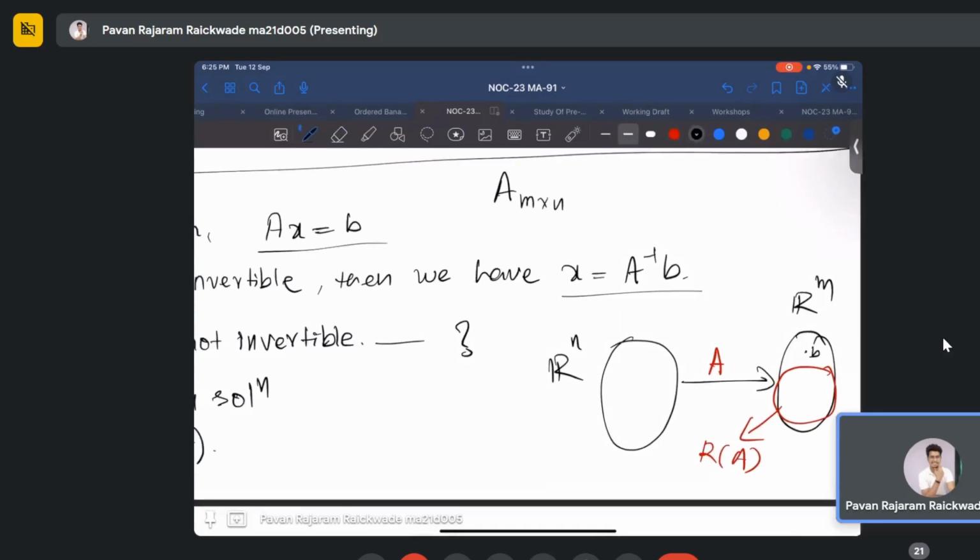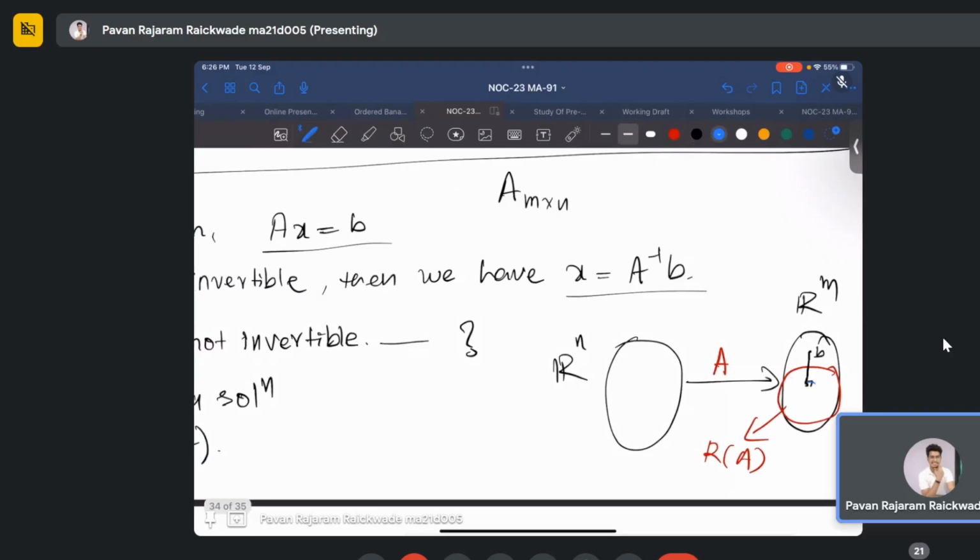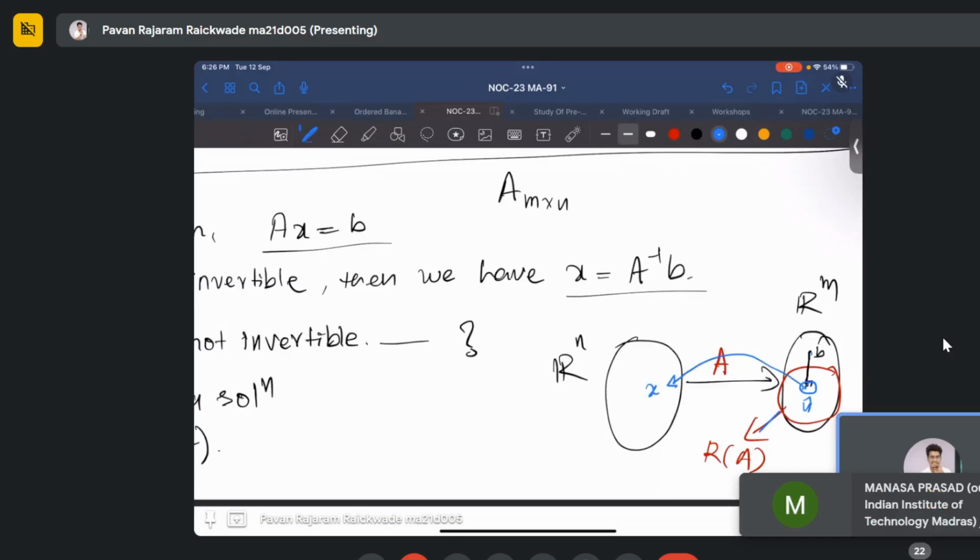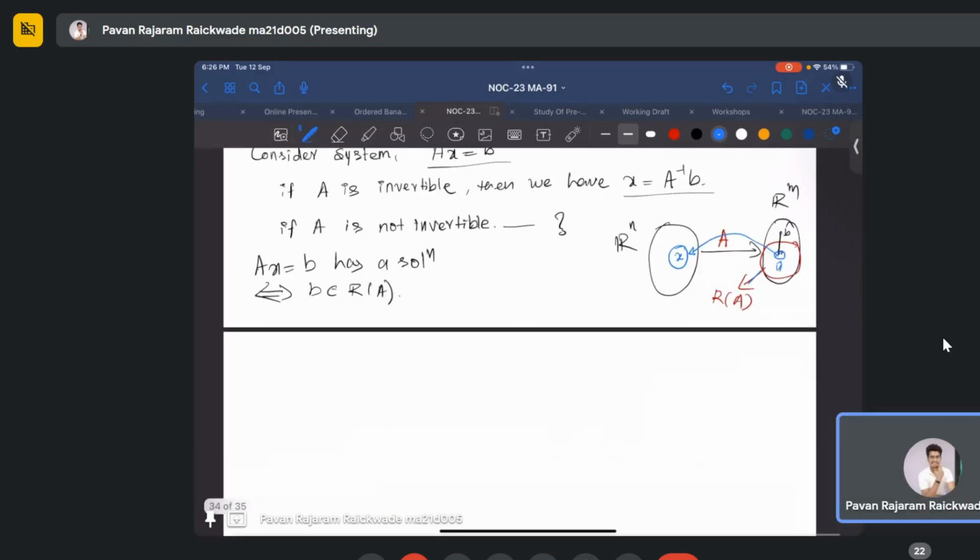What you want to do is similar to the line example: find an element in this space orthogonal to this vector. This element u tilde is the best approximation of b in the range space of A. Then you find the inverse image of this element, and that gives you the least square solution, as it is called. This is the pictorial representation, but now I will write it precisely.